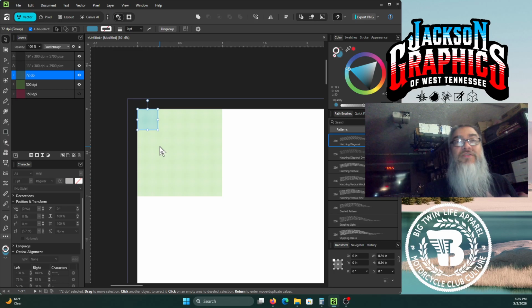So if you have a 72 DPI graphic and it's 10 inches, then you're only 720 pixels versus 3000. You see where the difference is. So that's why you have to be really careful when you're bringing in images. You have to understand the DPI of your images versus the DPI of your workspace. And when you're scaling things up and down, you're really messing with your dot pitch, which can mess up the quality of the image.